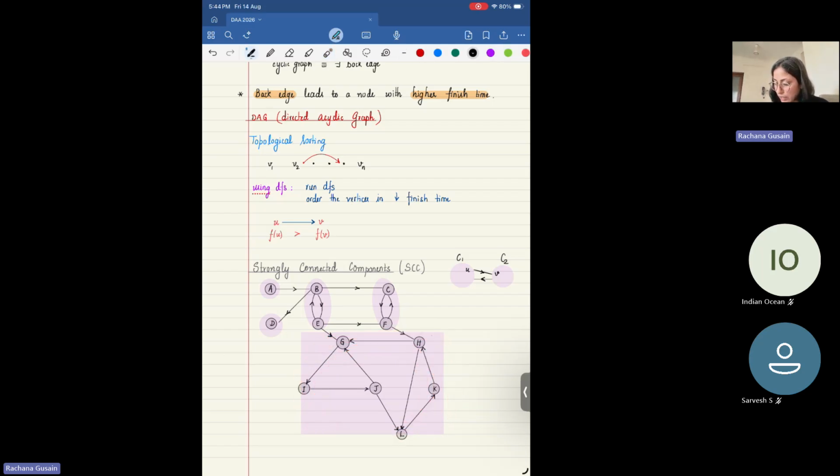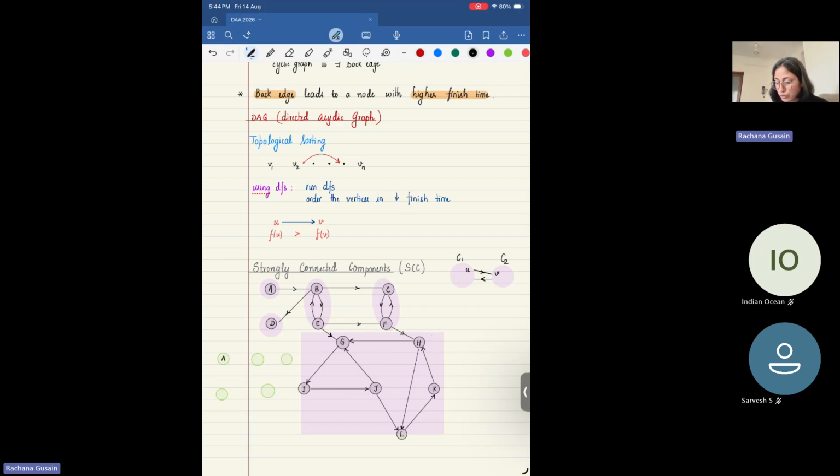So I have like 5 components. For each component, I'll have a vertex.